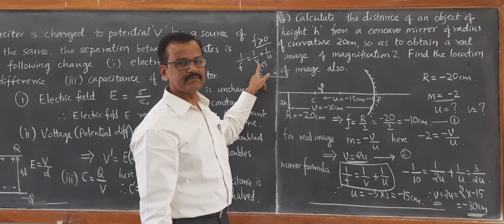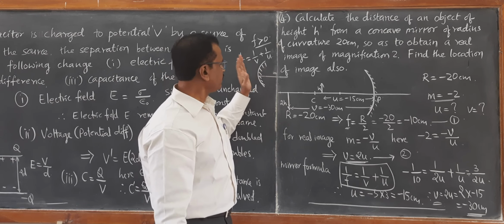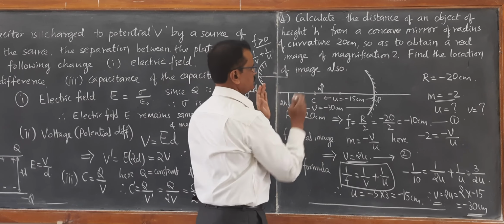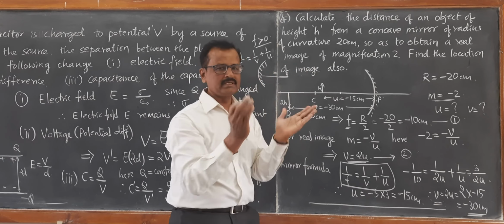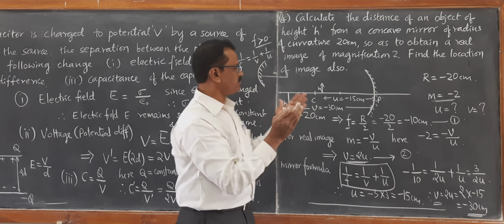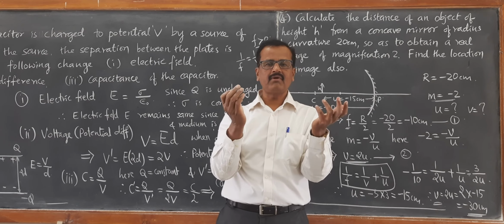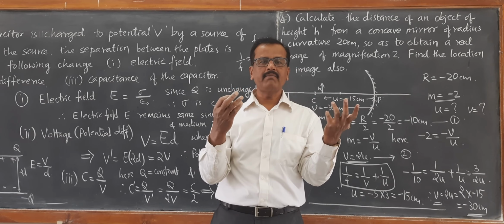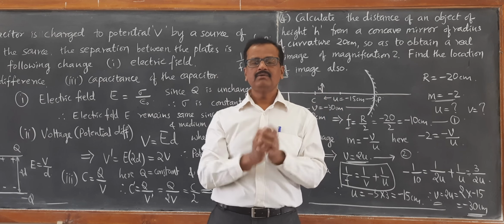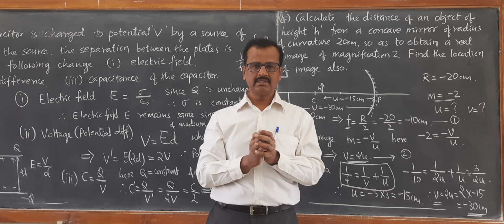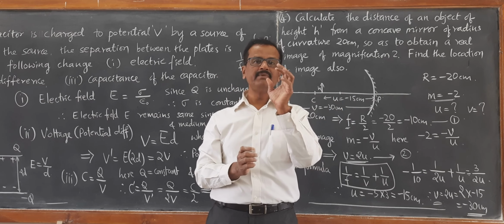When the image distance is positive, this implies the image is formed behind the mirror, and the image formed behind the mirror can't be obtained on the screen. Therefore, it is always a virtual image, and it is always diminished in size.